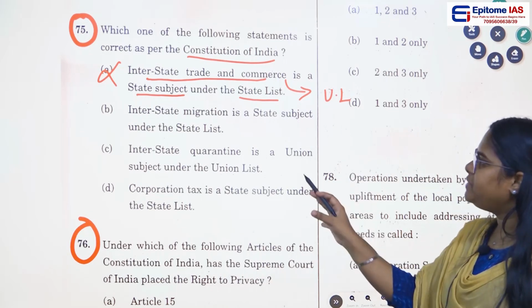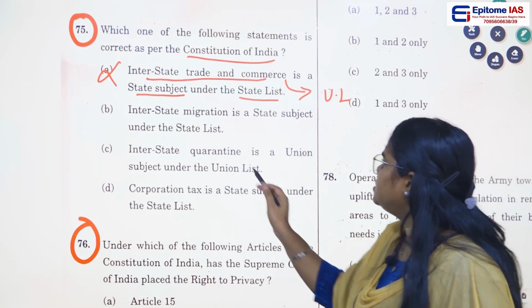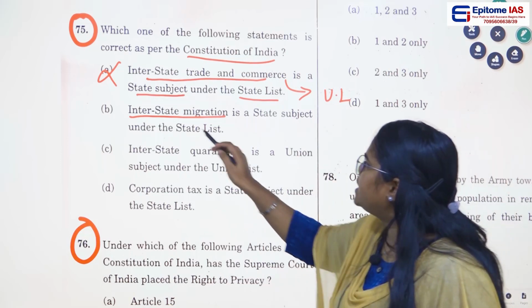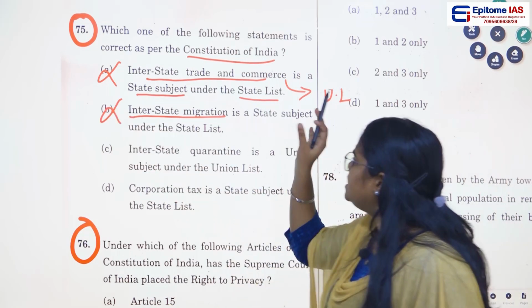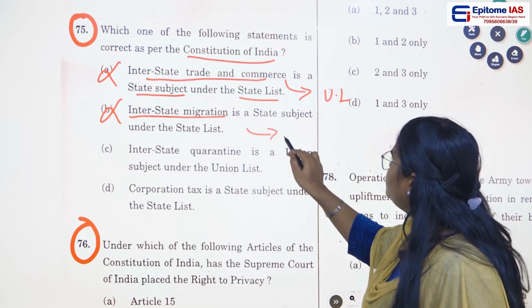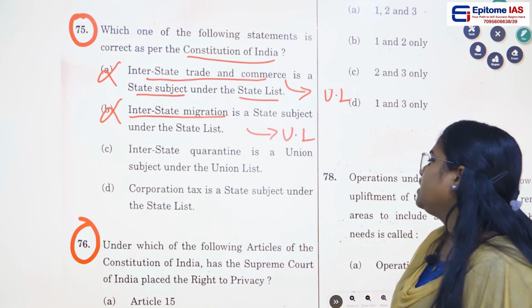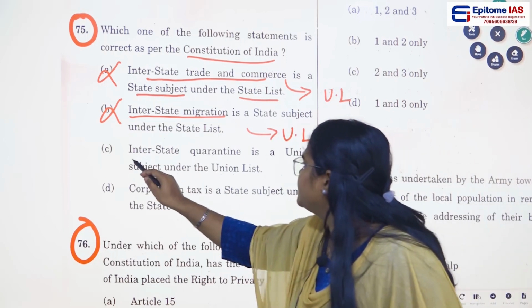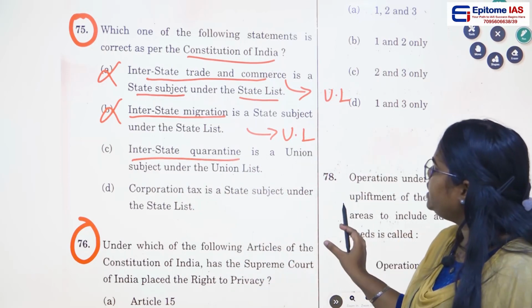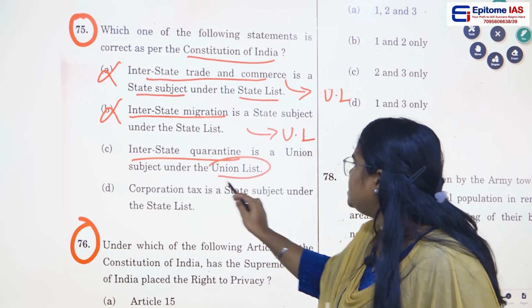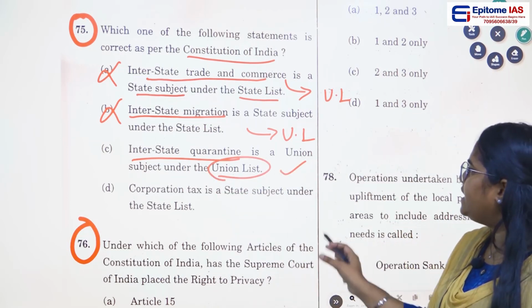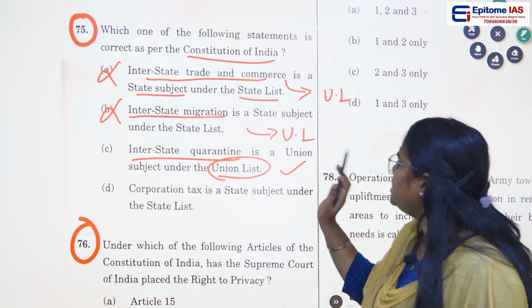Option B, interstate migration is a state subject under the state list. Again, this is wrong because interstate migration is related to the union list. And statement C, interstate quarantine is a union subject under the union list. Yes, this is true. The interstate quarantine is related to the union list.